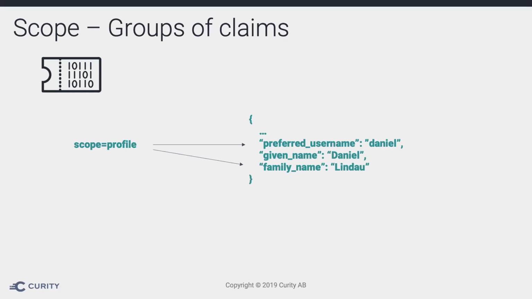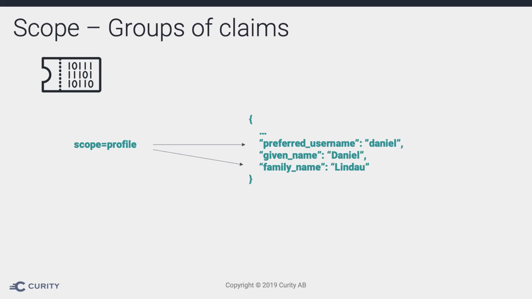OpenID has one idea on how to request user claims, where they put claims into groups and they tie this group into a scope. So when you are running OpenID and you request the scope profile, that would mean you will get an access token with the scope profile, but you will also get the ID token with a certain amount of claims that is tied to the profile scope.